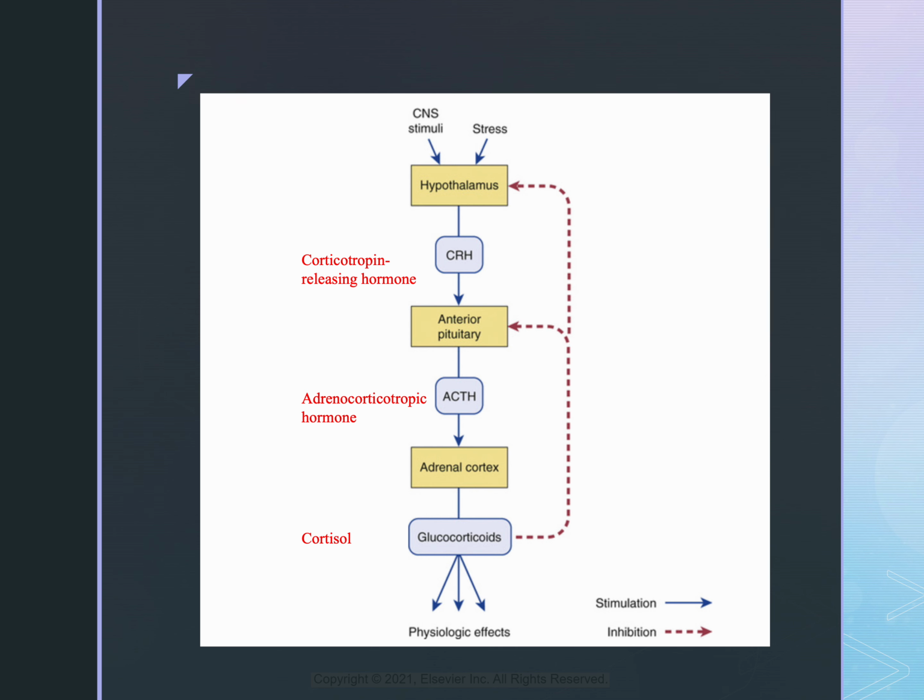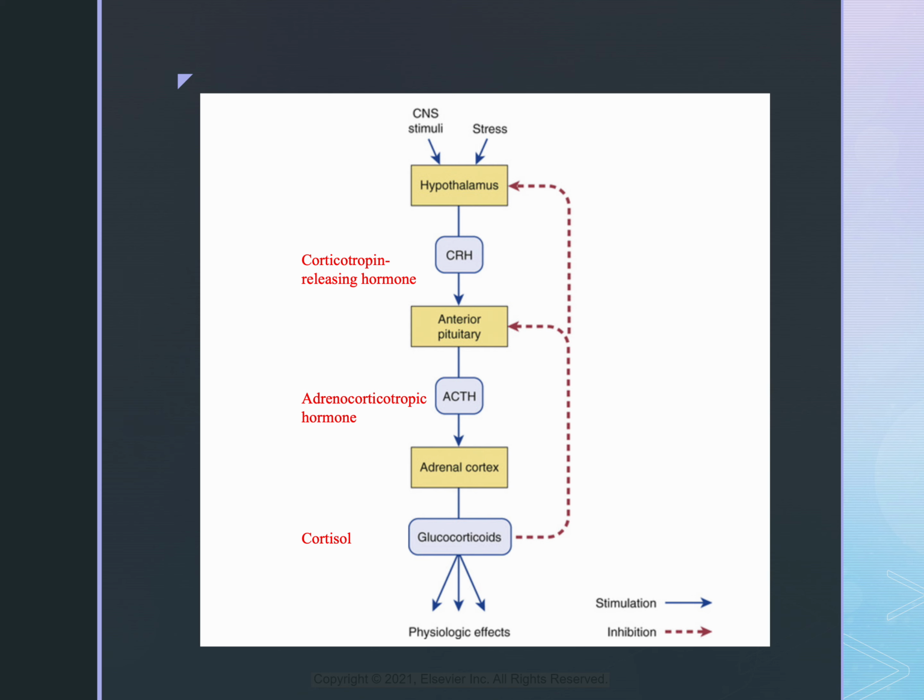So, going back to patho for a second, remember that the synthesis and the release of glucocorticoids are regulated by a negative feedback loop. The principal components of this loop are the hypothalamus, the anterior pituitary, and the adrenal cortex. Those are the three main organs. The loop is turned on whenever we are under stress or there's another stimulus coming from the CNS.